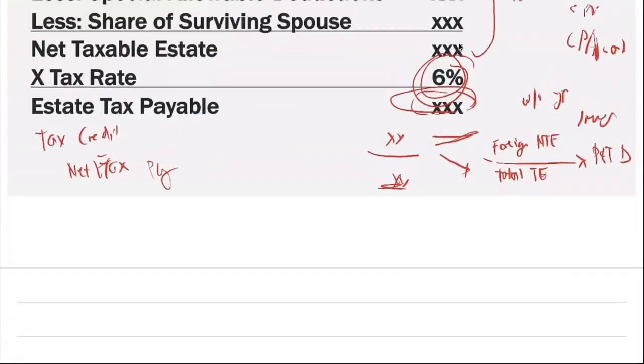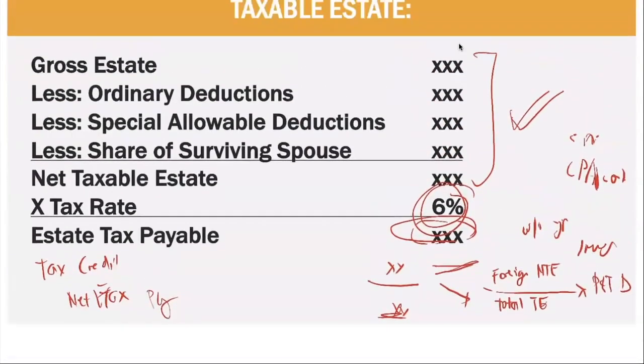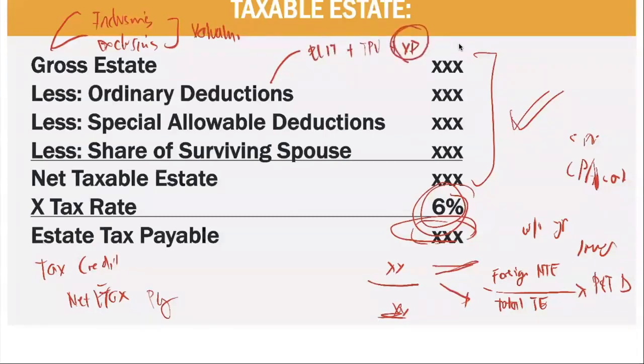Okay, so for estate tax, these are the items that we need to know. Gross estate: what are the items of your inclusions and what are the items of your exclusions. For these two, you also need to determine the valuation of your inclusions. For your ordinary deductions, we have ELIT plus TPU plus vanishing deduction. What you need to take note of is your vanishing deduction because we have certain rules to follow here.